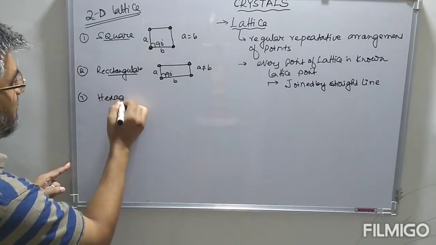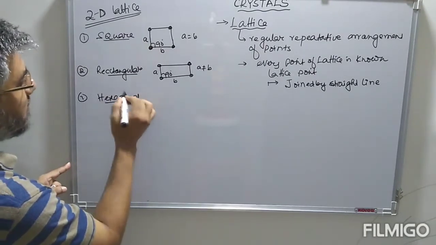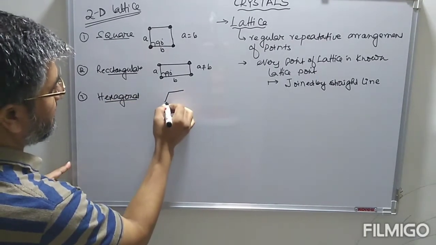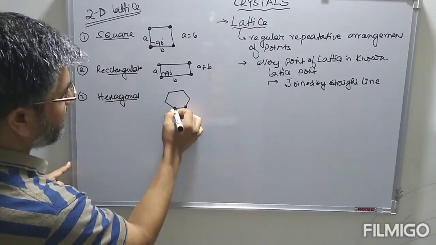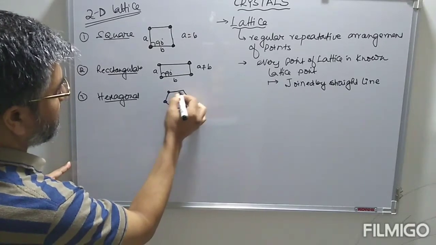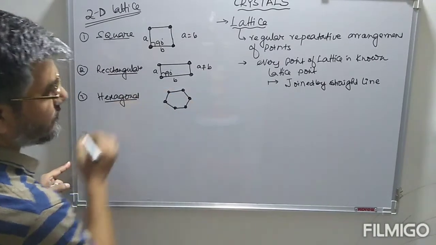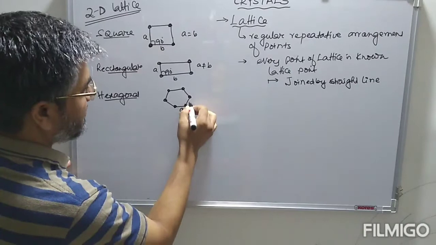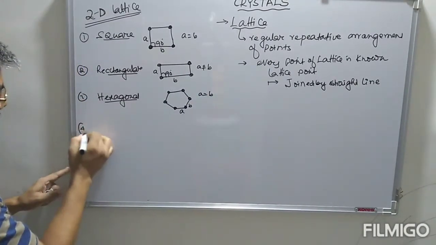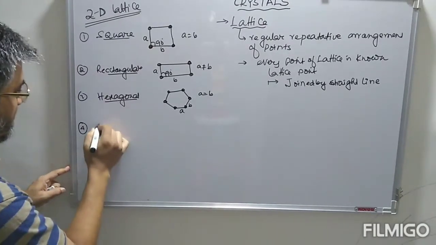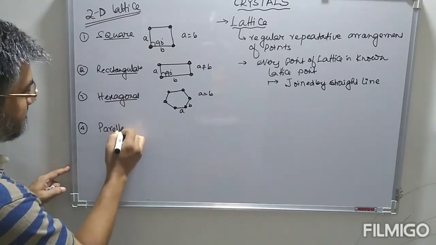We can have hexagonal, these are lattice points. This is A, this is B, so A is equal to B, a regular hexagon. Fourth, we can have a parallelogram.